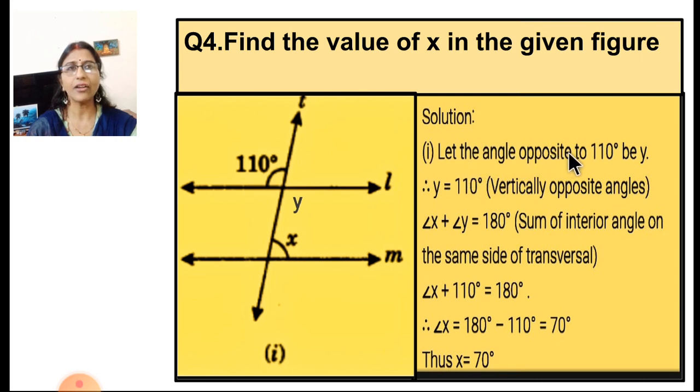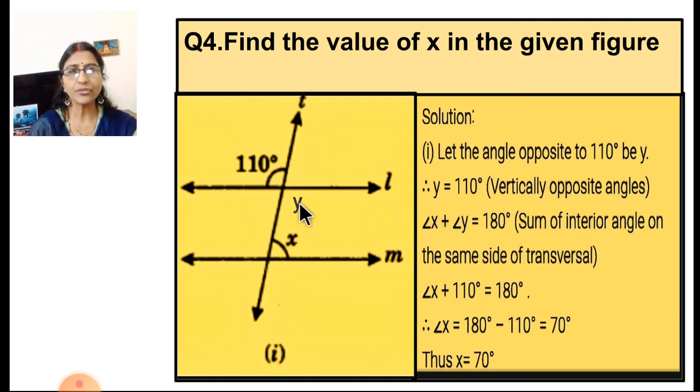Let the angle opposite to 110 degrees be y. So this angle let us take y, and this is given 110. Now you can see this angle and this angle, they are vertically opposite to each other. Therefore, as this is 110 degrees, this y also will be 110 degrees. So it's written y is also equal to 110 degrees, as they are vertically opposite angles.